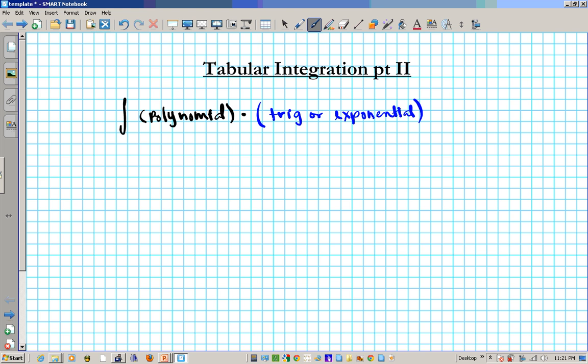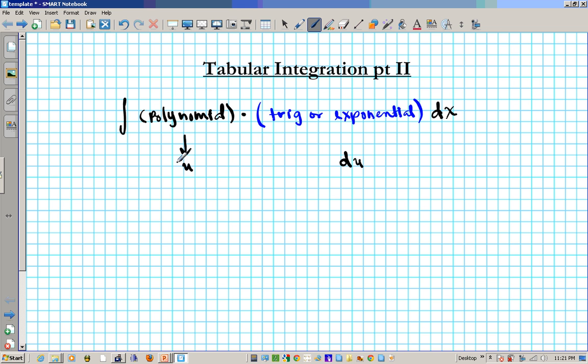These are the types of problems that you use tabular integration for, and in all cases, you always want to assign u as your polynomial function, and then the dv is basically the trig or exponential function.